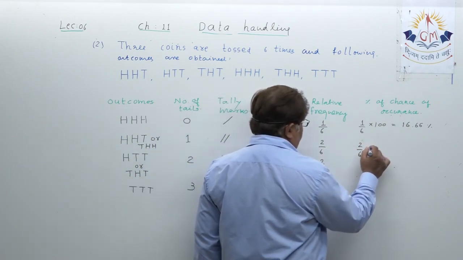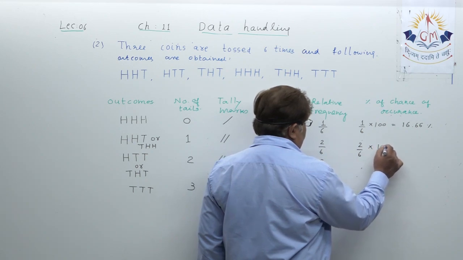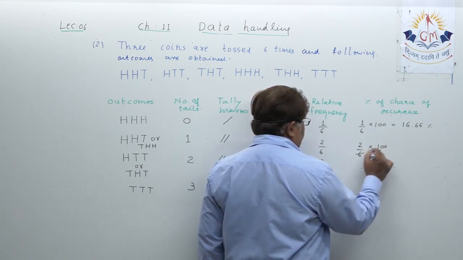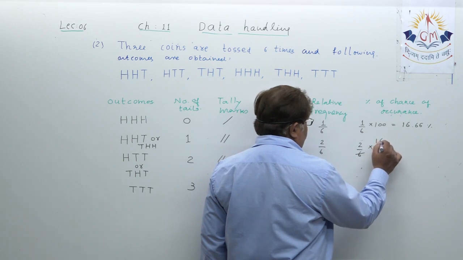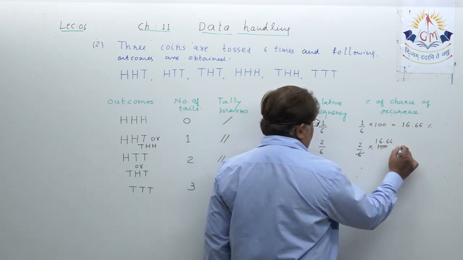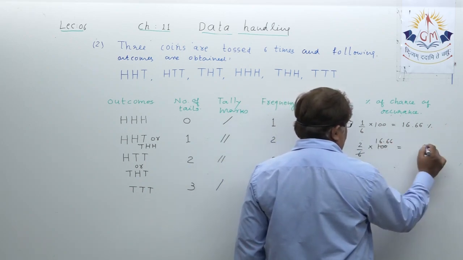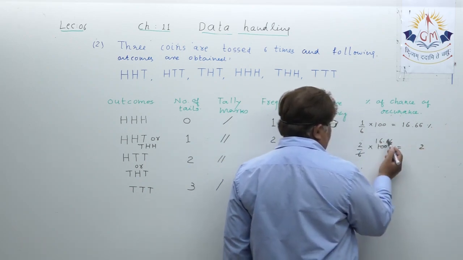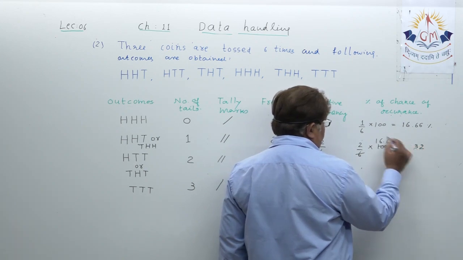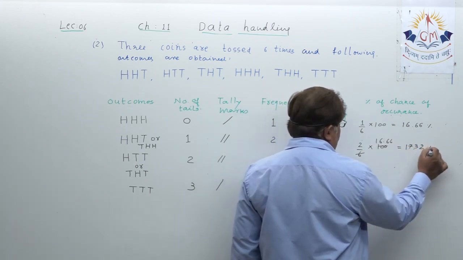2 upon 6 into 100. First you cancel, dear student. 16.66, just you multiply. So this is 2 6 are 12, 1, 13, 1, 17.32.